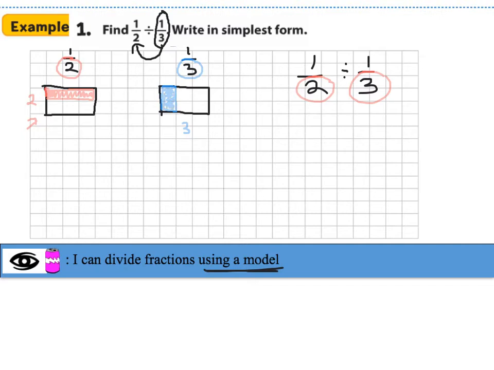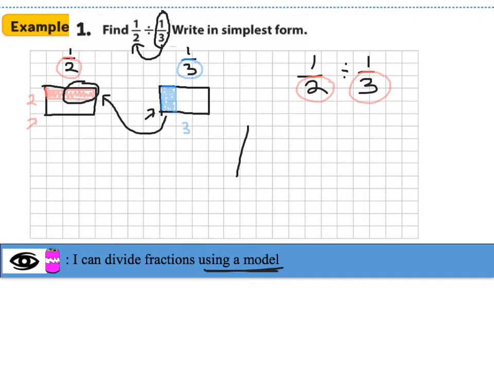So now that I've got my boxes shaded, I'm going to look at this problem, and it says that 2 boxes right here, 2 boxes of blue, form one whole group. So I want to see if these blue boxes can fit into the red boxes. Well, they can, and this is one group right there, and I don't think I have enough to fit another group, so my whole number becomes 1.